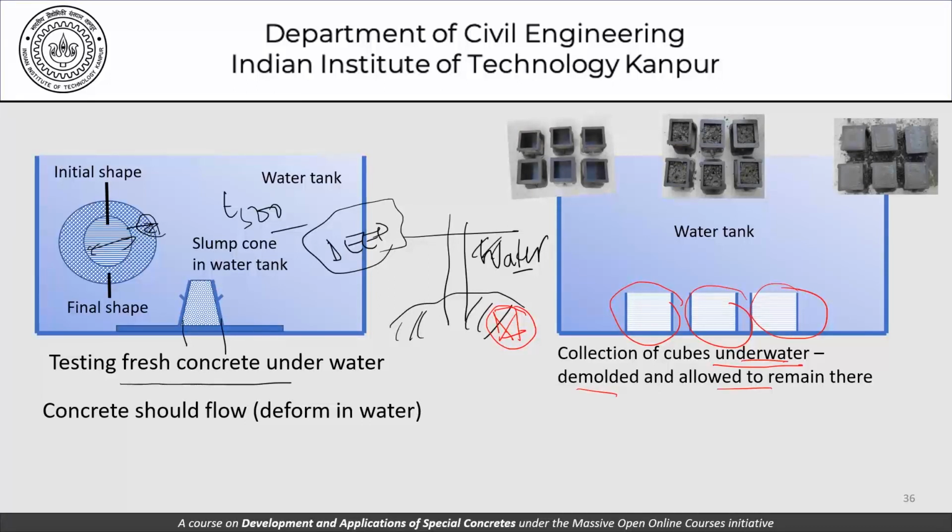Of course, for the purpose of determination of strength, they'll probably have to be taken out and the strength determined. So that is where a small balance between the theory or the ideal situation and the reality can be struck.